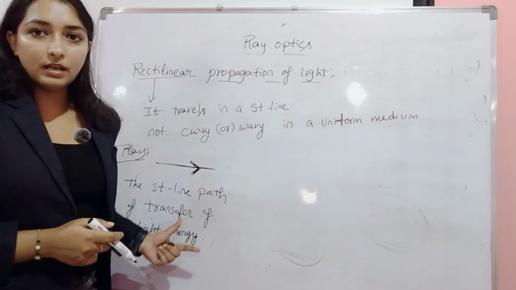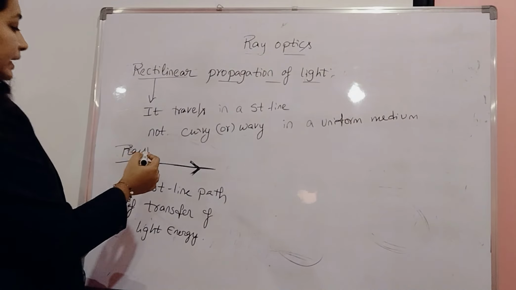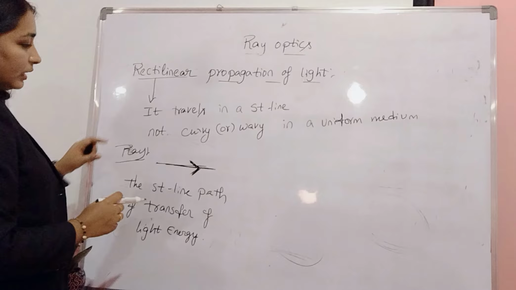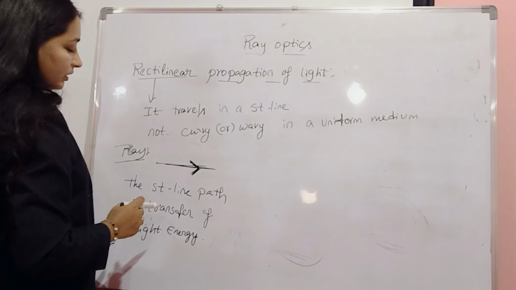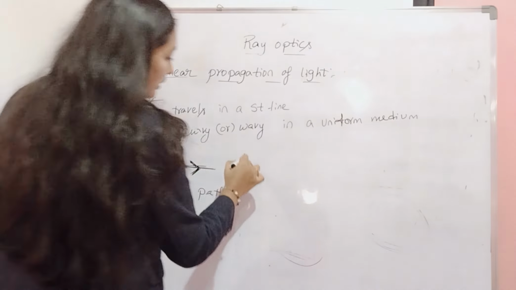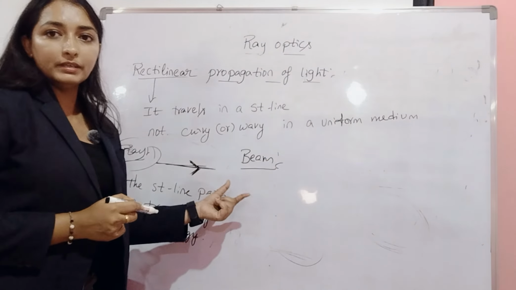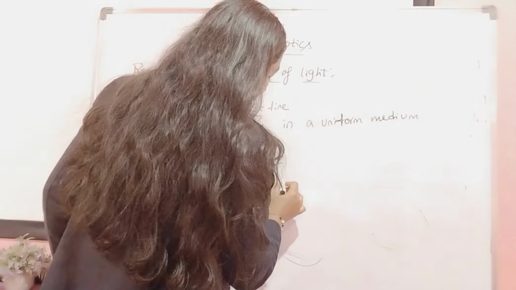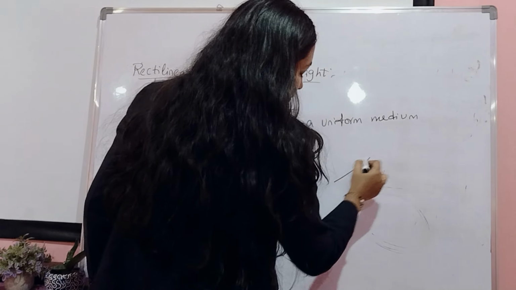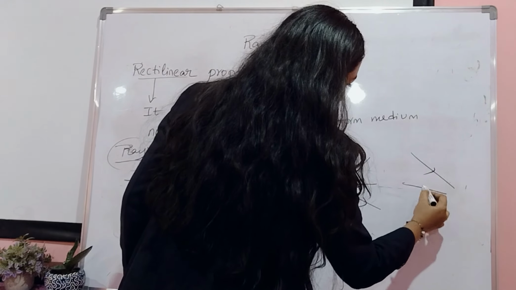The straight line path of transfer of light energy, and the ray is indicated like this. This arrow symbol represents the direction of propagation of light. And the beam: a beam is a bundle of rays together. Okay, so this is a beam, and it can also be a beam like this. Clear?